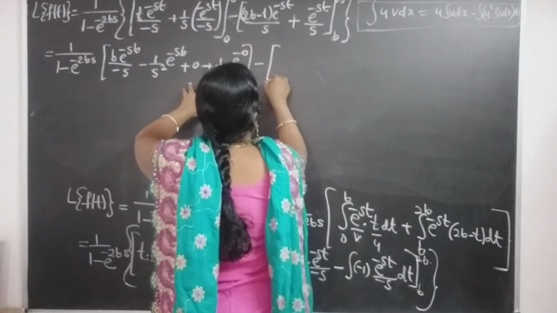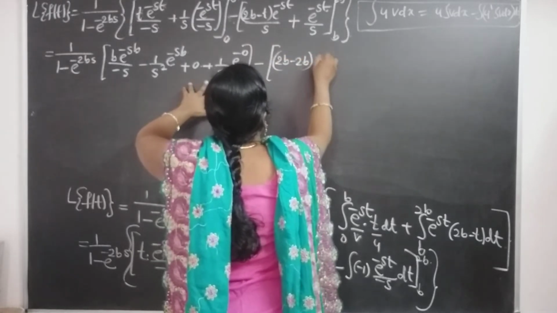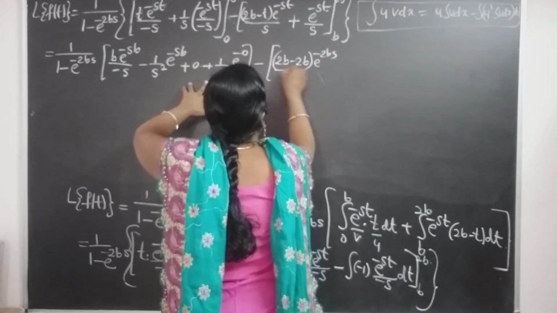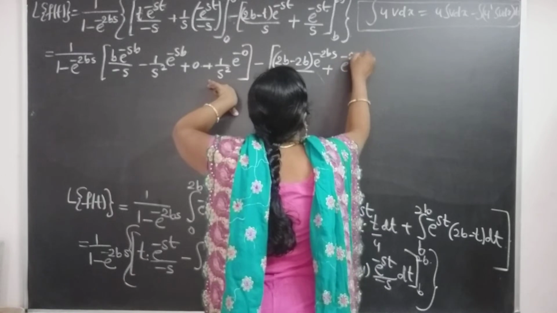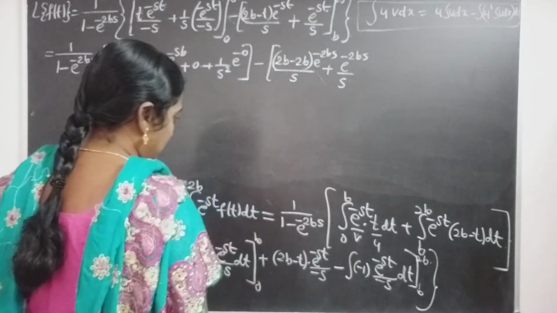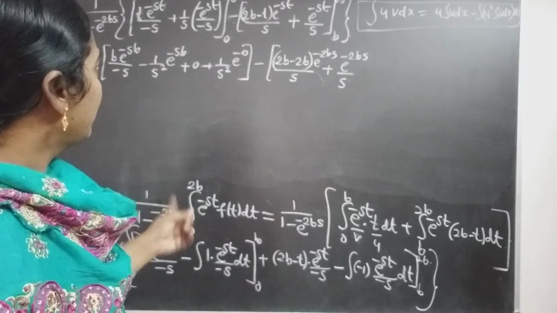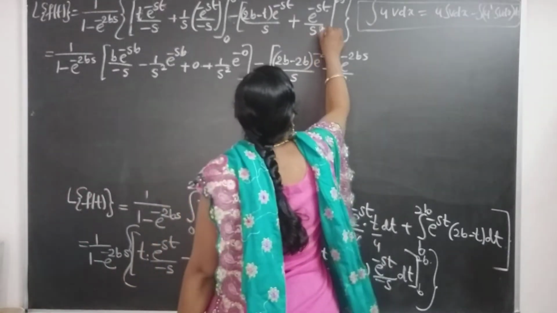Minus 2b minus 2b into e power minus 2bs by s plus e power minus 2bs by s square. Here s square.